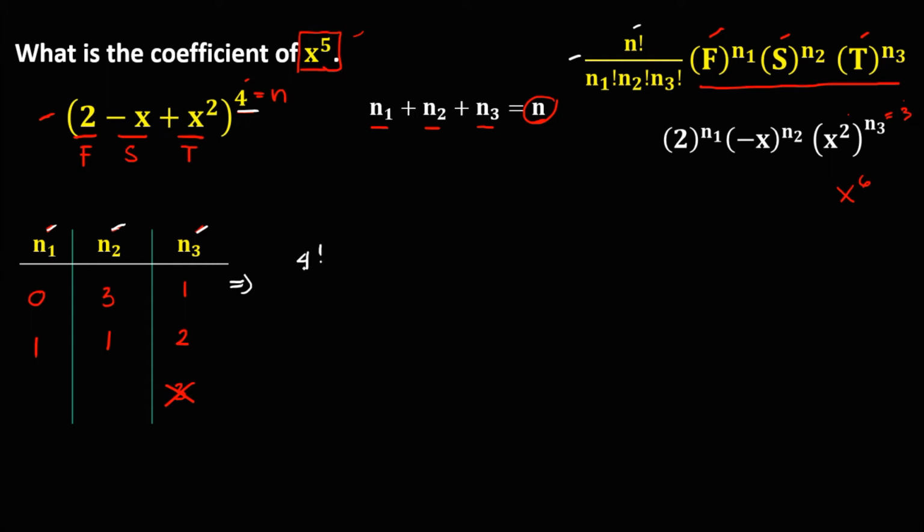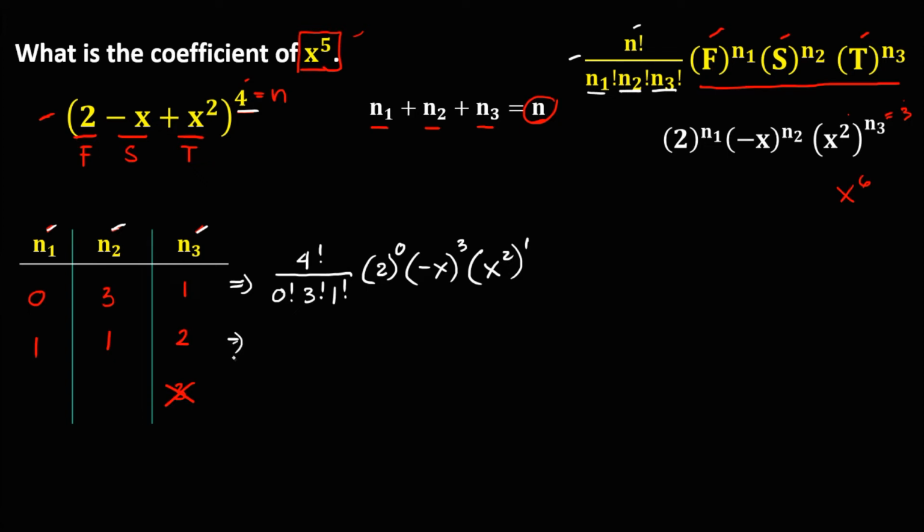So that's 4 factorial over n sub 1 factorial, that's 0 factorial, times n sub 2 factorial, that's 3 factorial, and n sub 3 factorial, that's 1 factorial, times the first term, 2 to the power n sub 1, that's 0, then times the second term, negative x to the power n sub 2, that's 3, times the third term, x squared to the power n sub 3, that's 1.